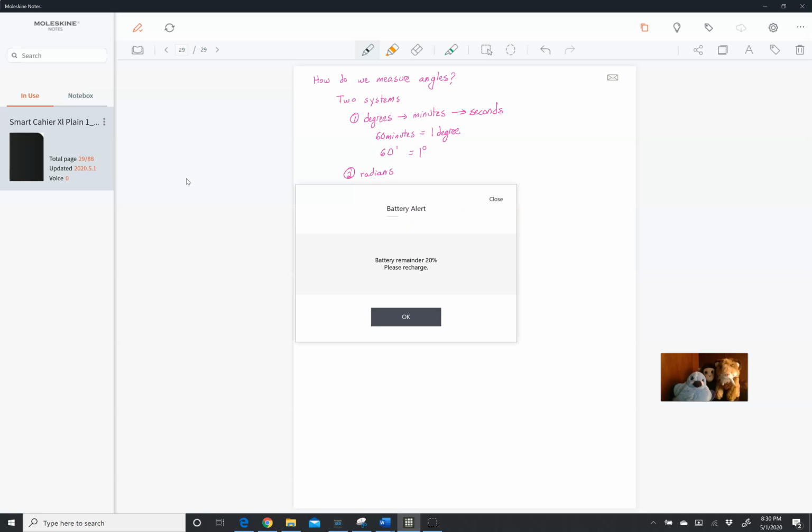This distance here would be r, okay? And when we connect this angle, it would be 1 radian.